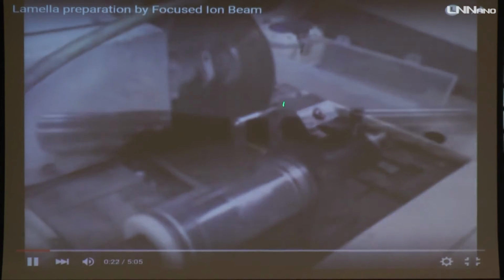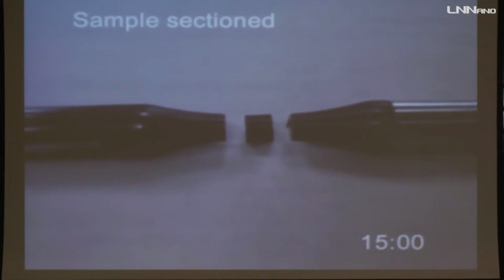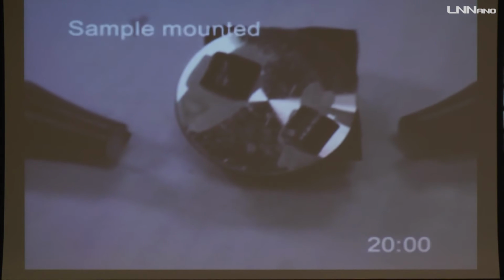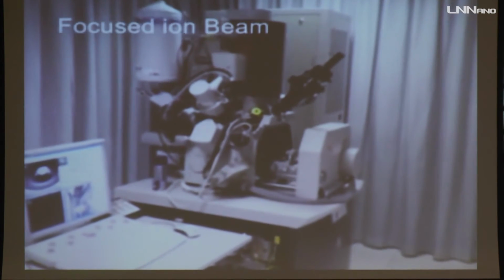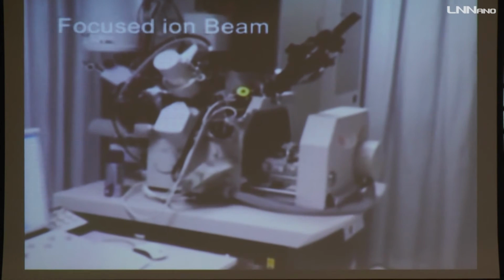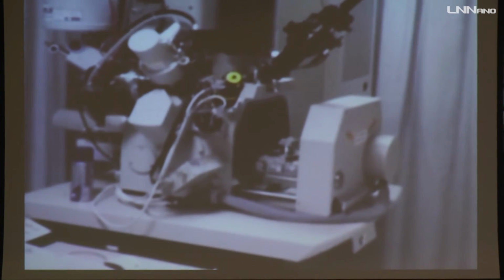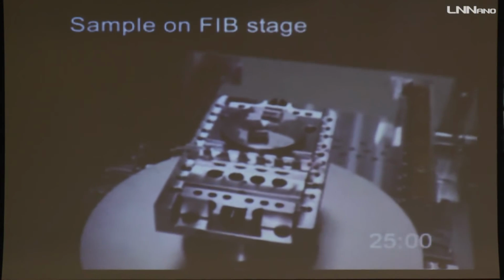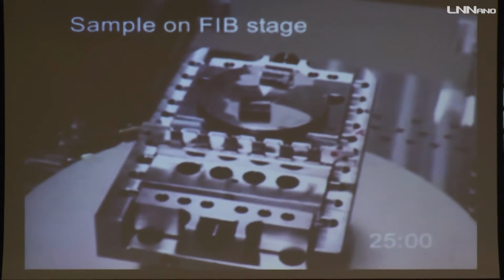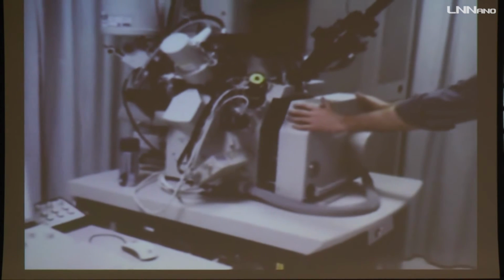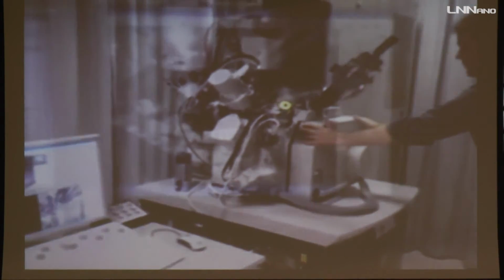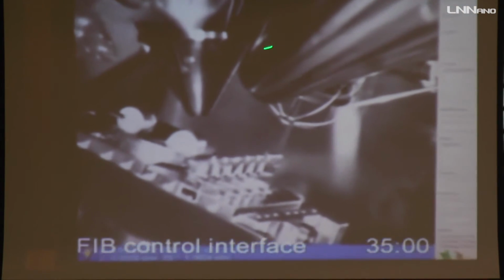In a saw, you section the sample. You mount the sample on the grid to go inside the microscope. The microscope is very similar to what we have here. It's also a focused ion beam. Here you have both sides of this cylinder. You just close the machine and start.